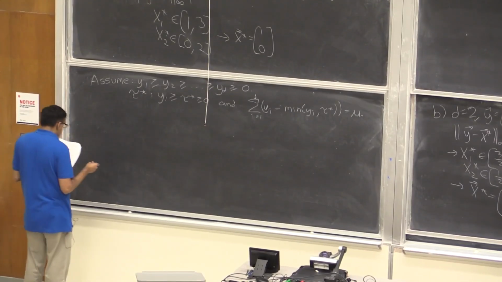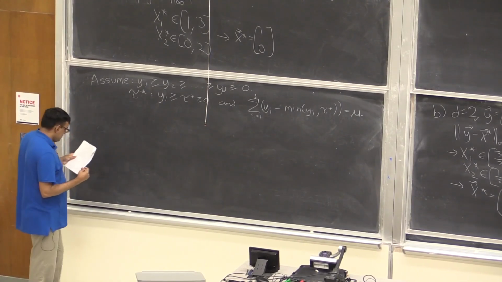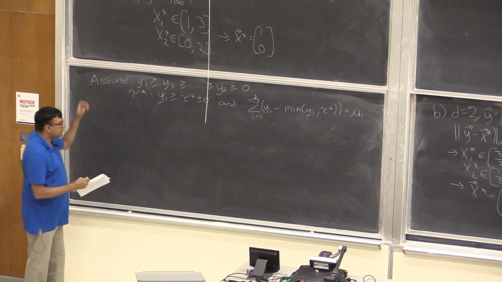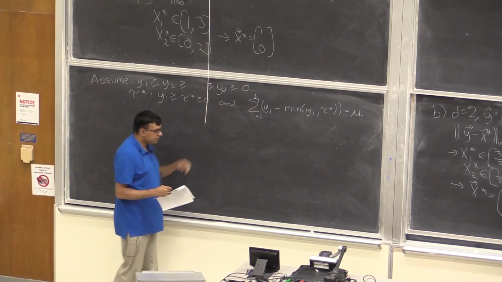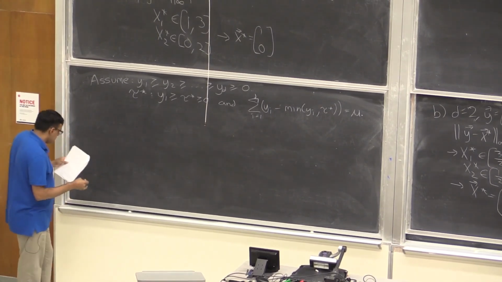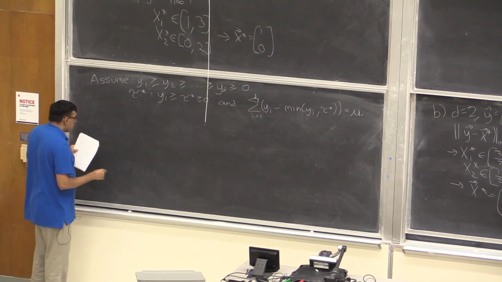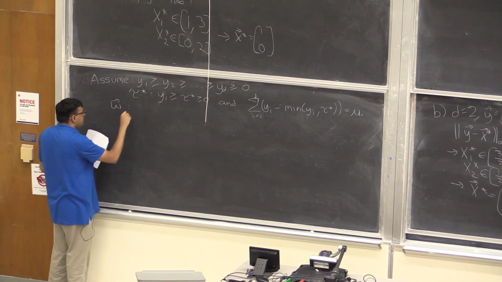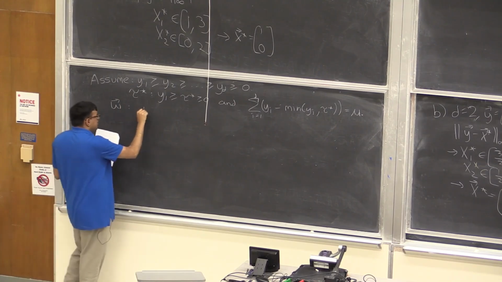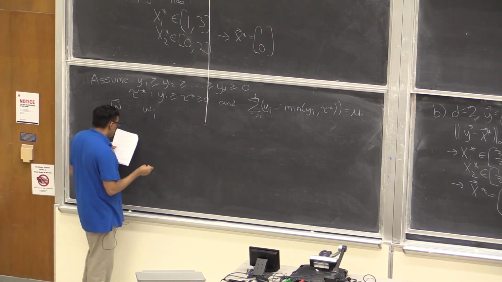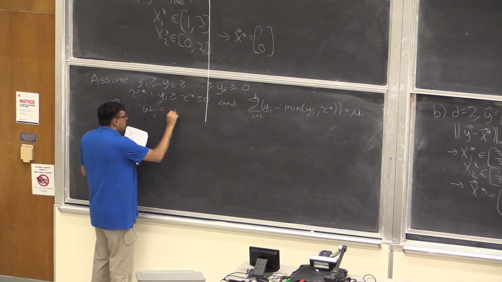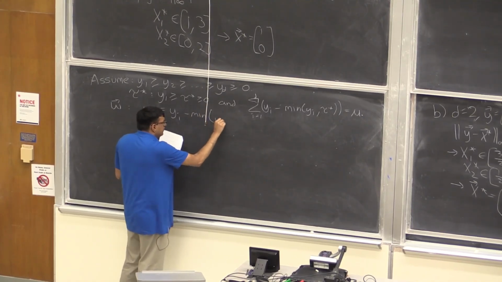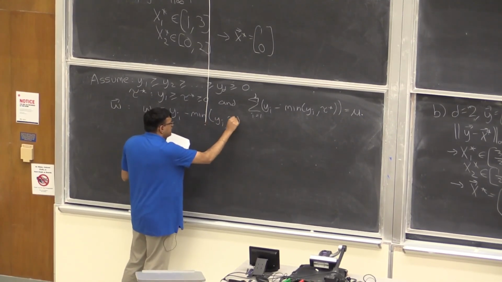Okay, so how do we do this? Oh, sorry, I mean, we don't show it's exactly equal. We show that tau star is an upper bound on the objective value, and then we'll show at the end that everything's equal. Okay. So let's define w such that each entry wi of w is equal to yi minus min of yi and tau star.